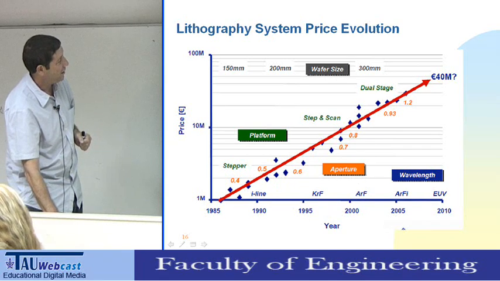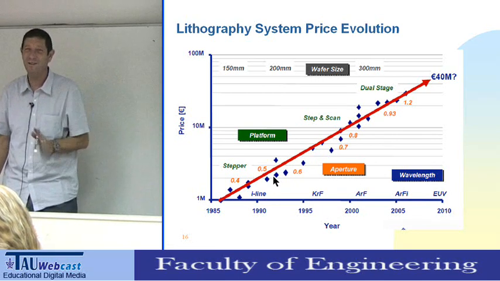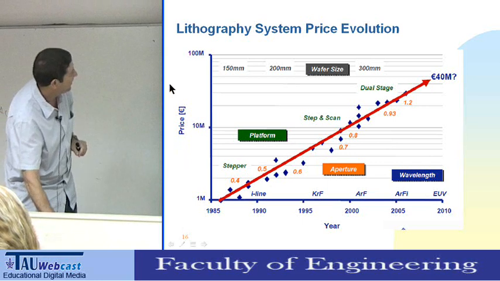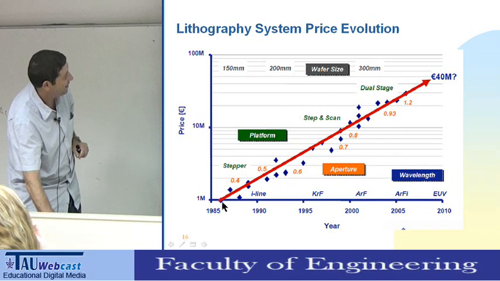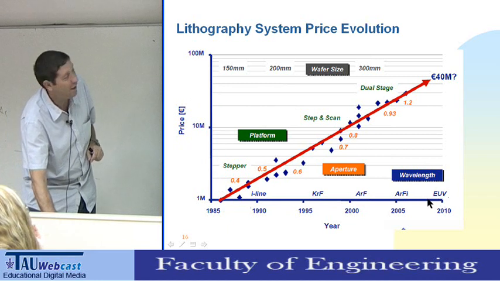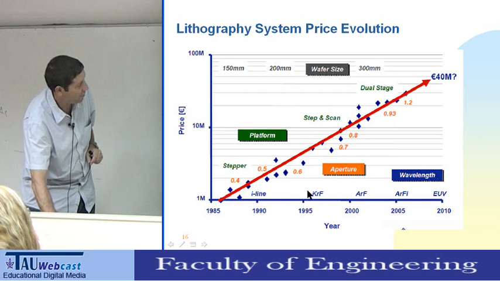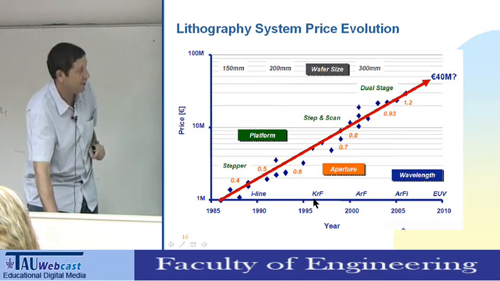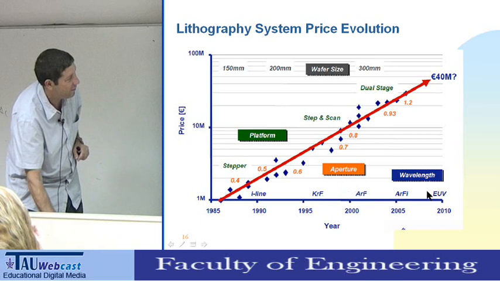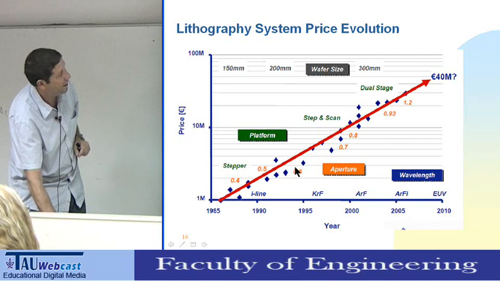And there is this interesting feature: they took all the tools that existed in the market and plotted their cost on a log scale against the year on a linear scale. So this is i-line, 365 nanometer, krypton fluoride, 248 nanometers, argon fluoride, 193, and EUV, 30 nanometer. And this is the cost on a log-linear scale.